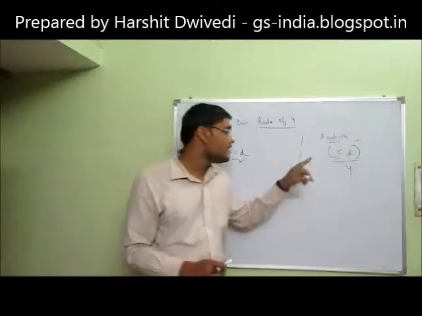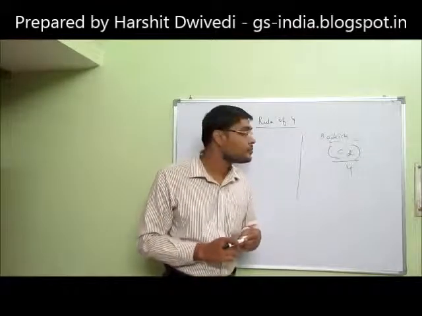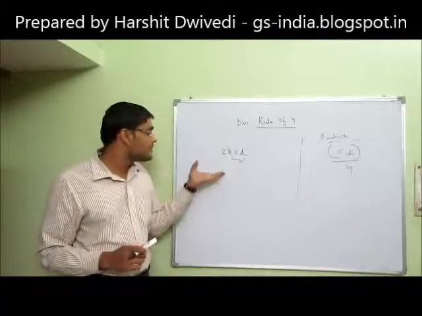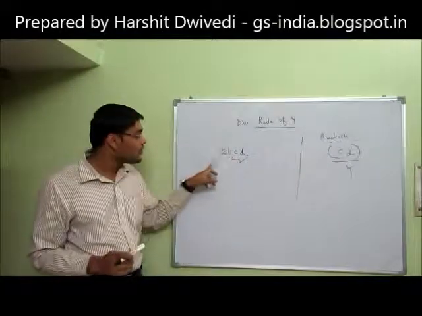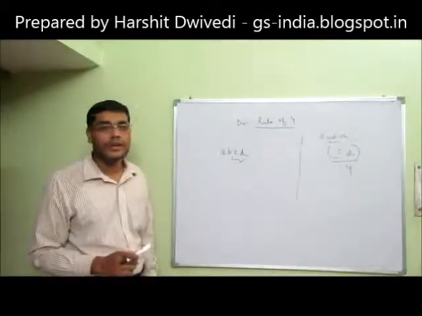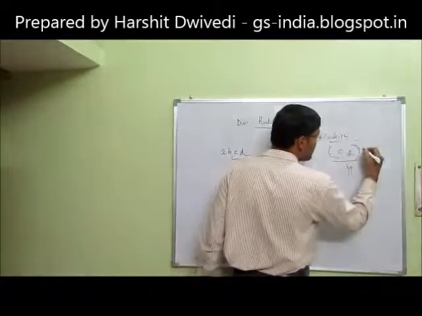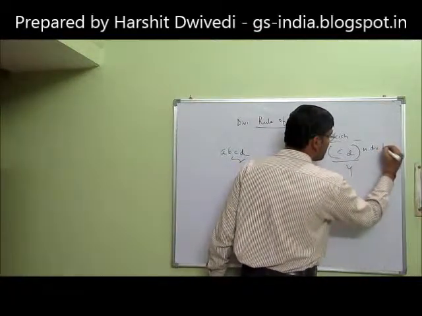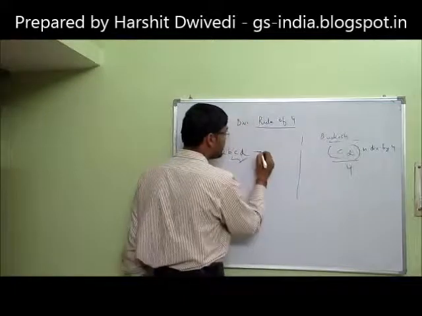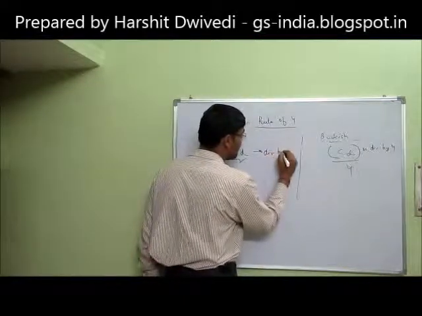And if this CD comes out as divisible by 4, then I will conclude that this 4-digit number is divisible by 4 also. That is, if this CD is divisible by 4, then this number is also divisible by 4.